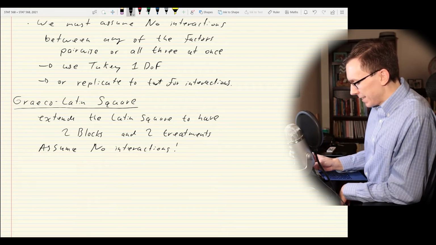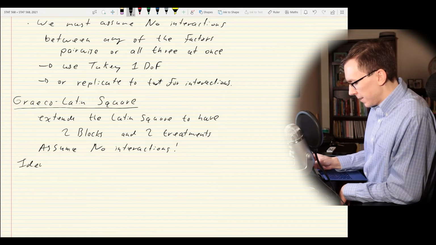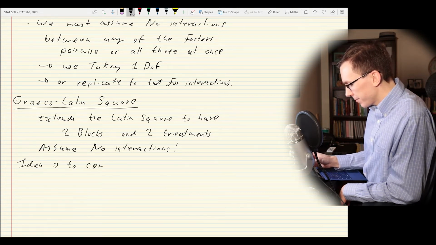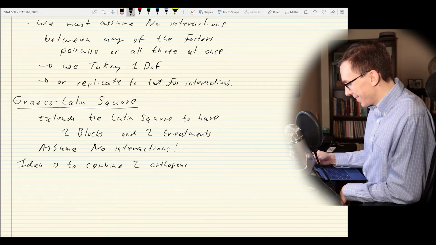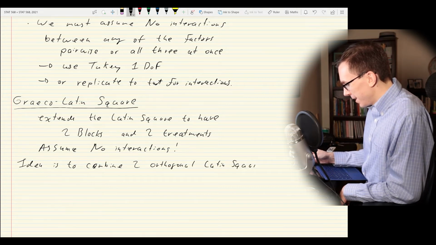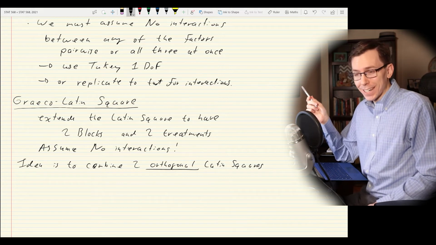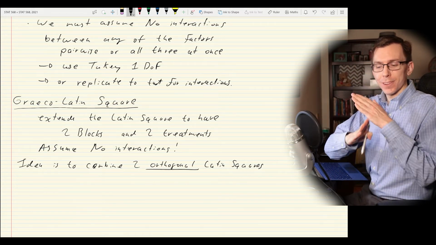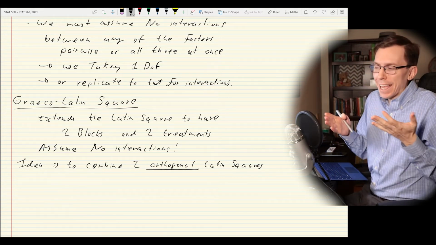So the rough idea is to combine 2 orthogonal, there's a good math word, orthogonal Latin squares. If you're familiar with linear algebra, you know the idea of orthogonality: 2 vectors are orthogonal to each other means they're at a right angle.